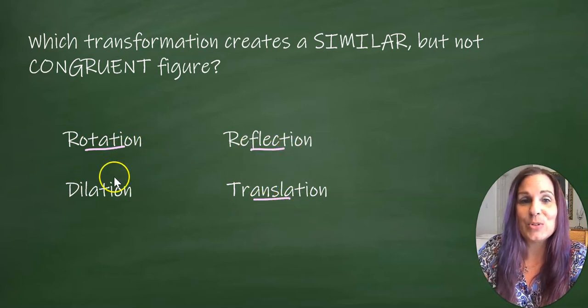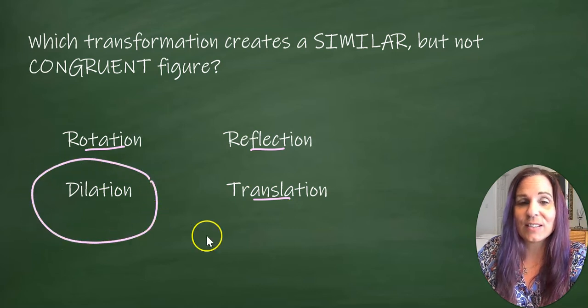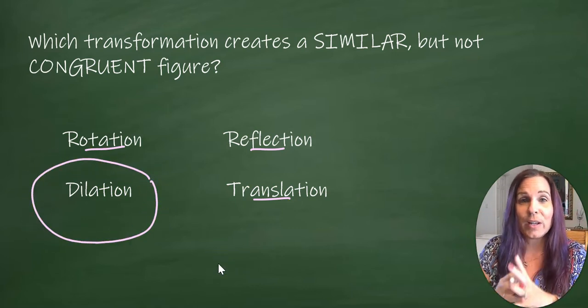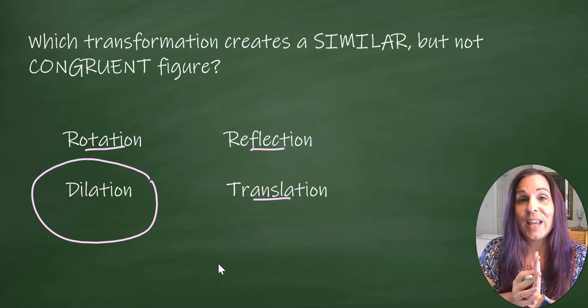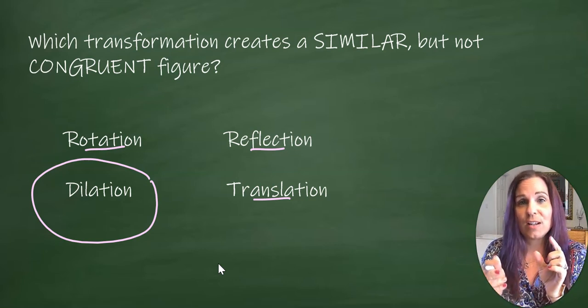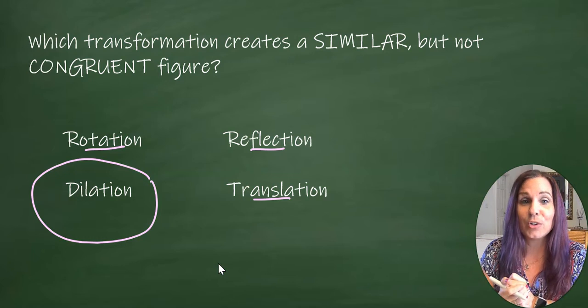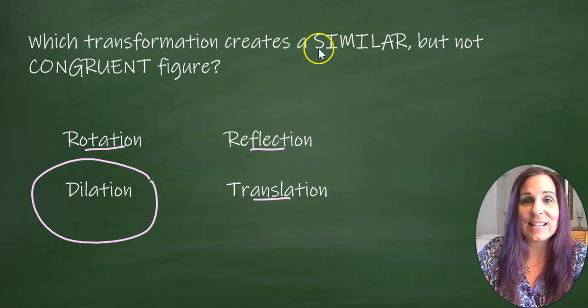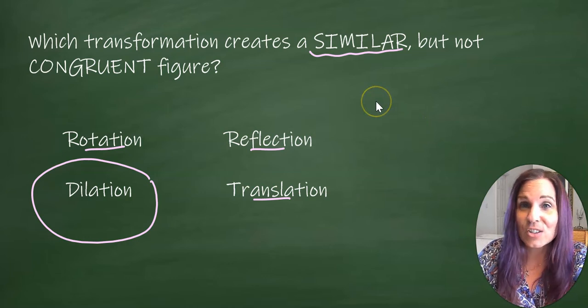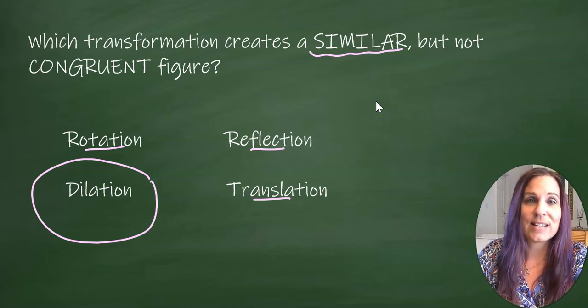But when you do a dilation, that means you're going to make something larger or smaller. You are keeping the shape and the angles the same, but you're changing the side length. So what you're creating is a similar figure, but not congruent. Okay, so a dilation creates a similar figure.